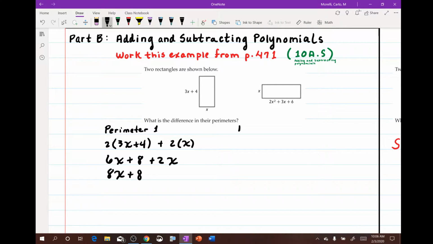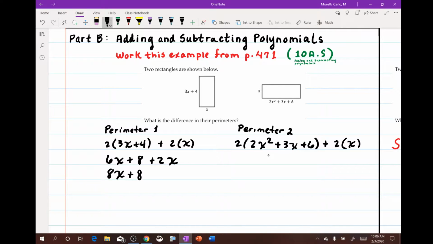Perimeter 2. Two times all this, (2x² + 3x + 6), plus 2 times x. Notice that when I say times, I start writing a parenthesis, because that's what that means.